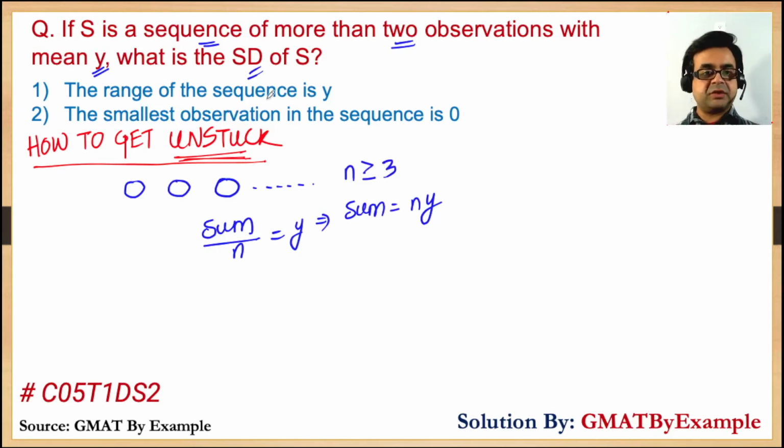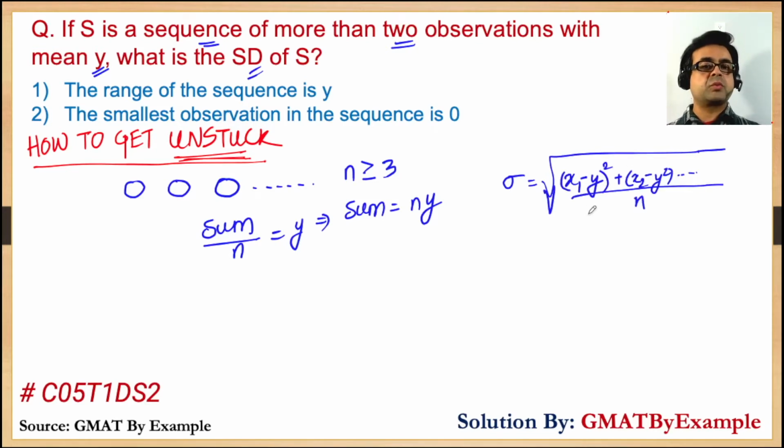Now nothing is given, so what is the formula for standard deviation? Let's think about that, right? The standard deviation formula is the square root of: the first observation minus the mean, which is here given to be Y, whole squared, plus, and so on, so basically the sum of the squares of the differences between the observations and the mean, divided by the number of observations.